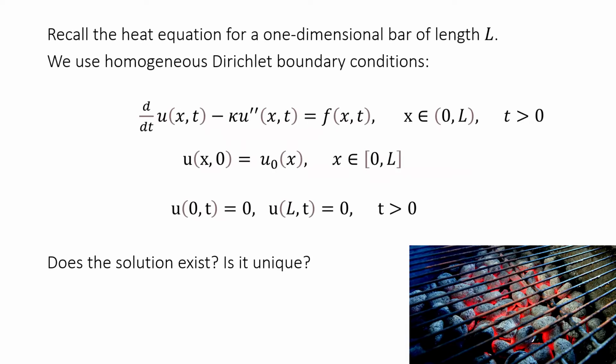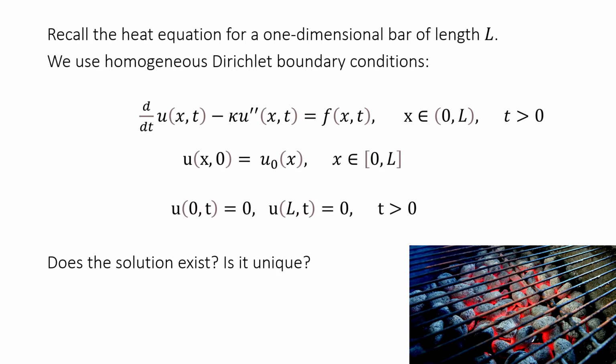So let's recall the heat equation that we've seen previously. To model the heat evolution over a one-dimensional bar, let's say of length L, and in this setting, we will use homogeneous Dirichlet boundary conditions. And so the entire system that we consider looks as follows. We want to find the heat distribution u(x,t) depending on position x and time t.